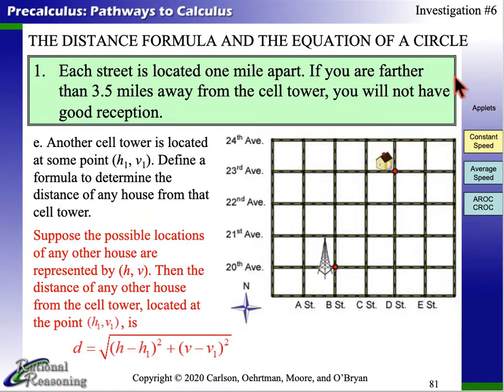So to get to the next cell tower, because maybe it's covered by another one, we've got this coordinate here. What we're going to do is we've got two coordinates, so we're subtracting, right? So the second cell tower, H1, V1.